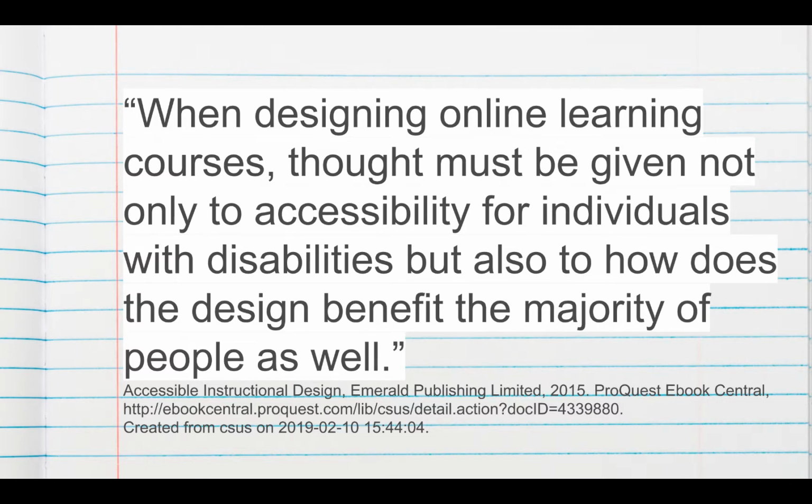In the text Accessible Instructional Design, they had a quote that said, when designing online learning courses, thought must be given not only to accessibility for individuals with disabilities, but also how the design benefits the majority of people as well.